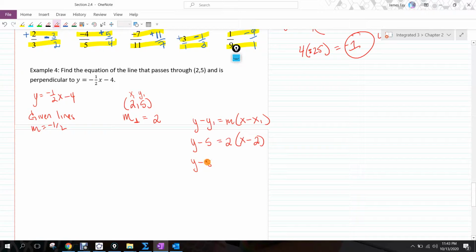So I'll have y minus 5 is equal to 2 times (x minus 2), then 2x minus 4, and then y equals 2x. I'll add 5 to both sides, so I get plus 1. Remember, this here was point slope. This here is called slope intercept.